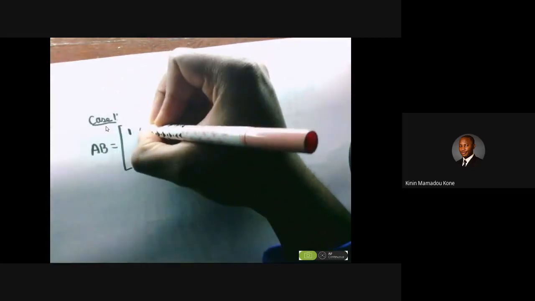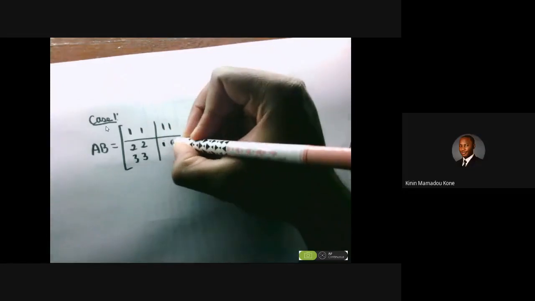A times B will be equal to the matrix over here, 1, 1, 1, 1, and then 2, 2, 3, 3, 1, 1, 1, 2, 2. That's A, right?